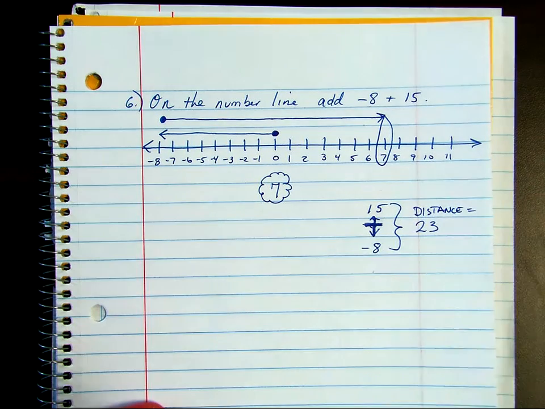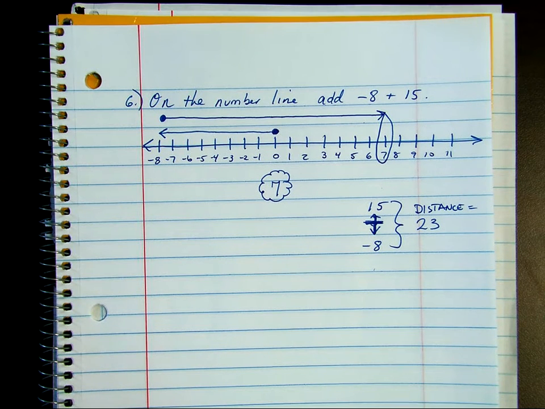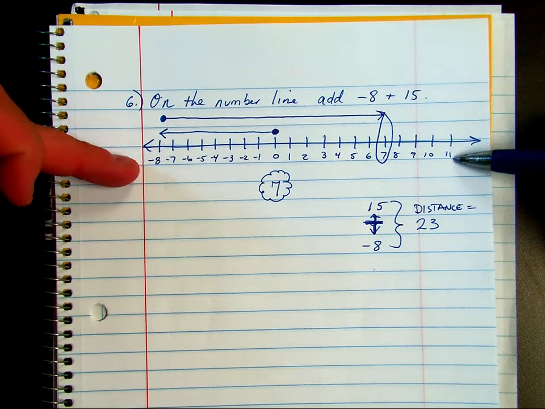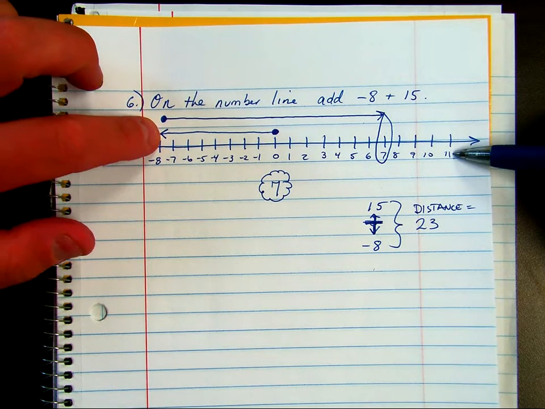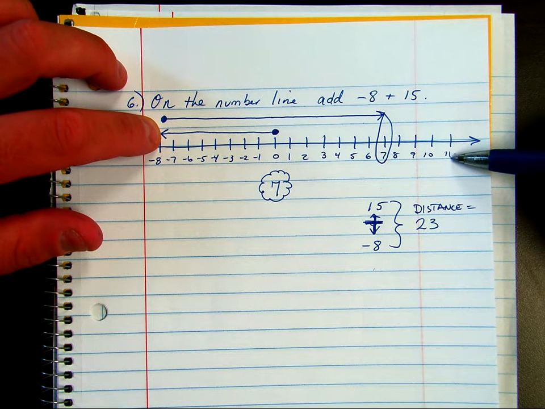Okay. Notice my number line. The numbers are below, and my rays are up above. You are in 7th grade now. No more humps.